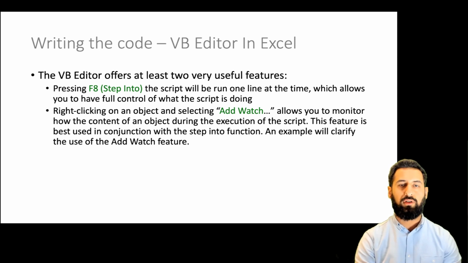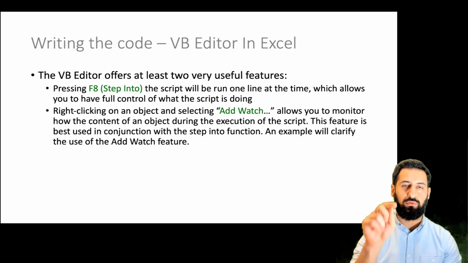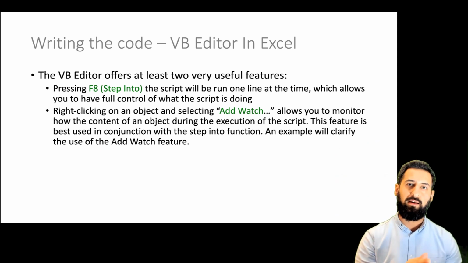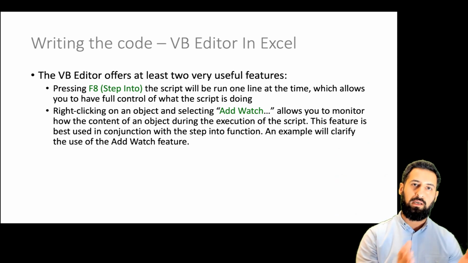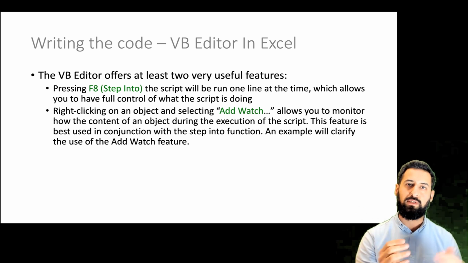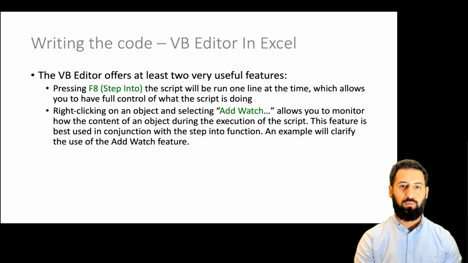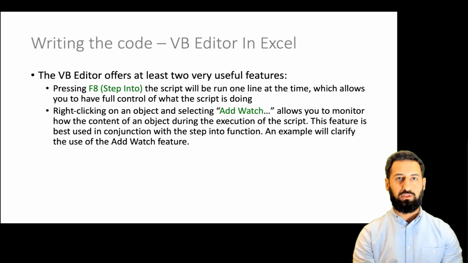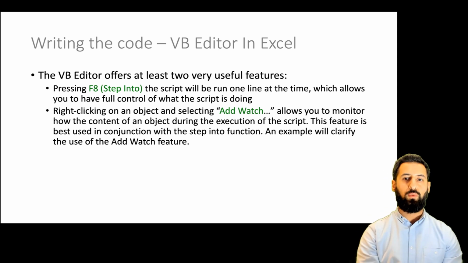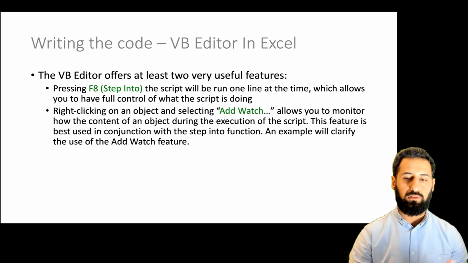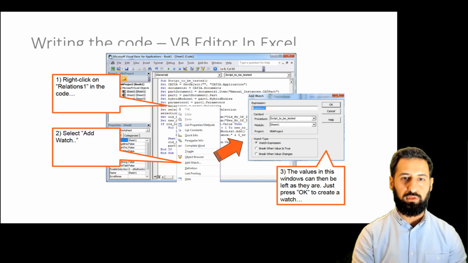Two very good functions to know is that you can use the function F8 to go through the code line by line, and then you can also have your CATIA window in parallel and see what happens when you're going through a specific line of code. Another thing is that if you want to see what a specific function does, you can add watch to it, and then you can see what it contains. So here is an example.